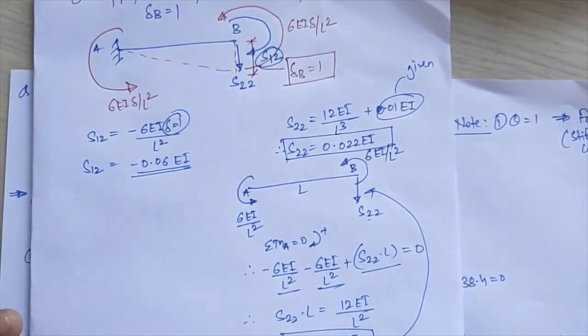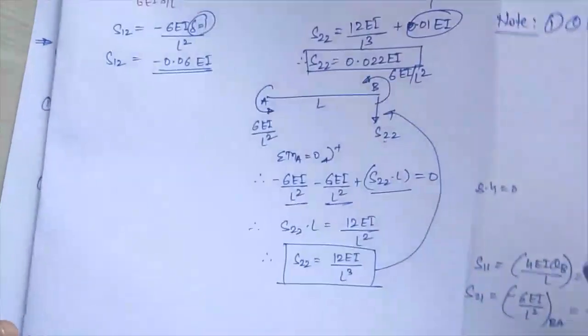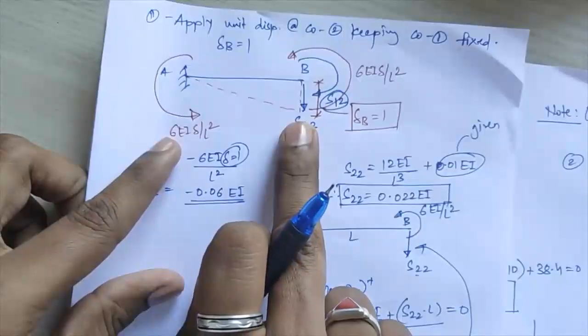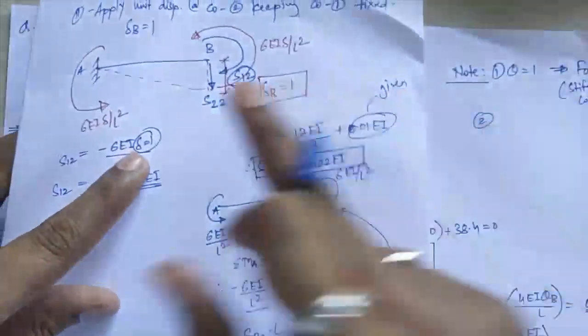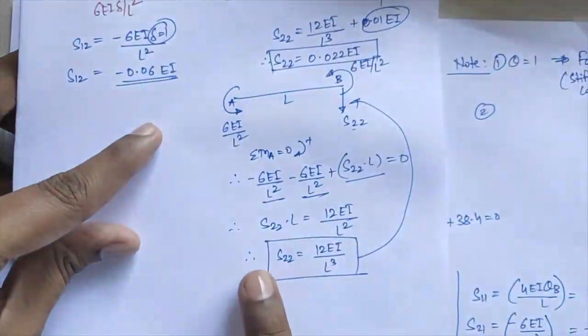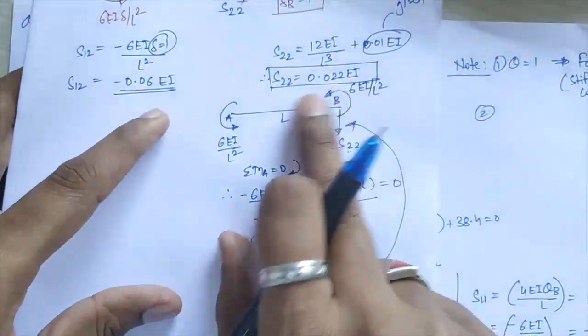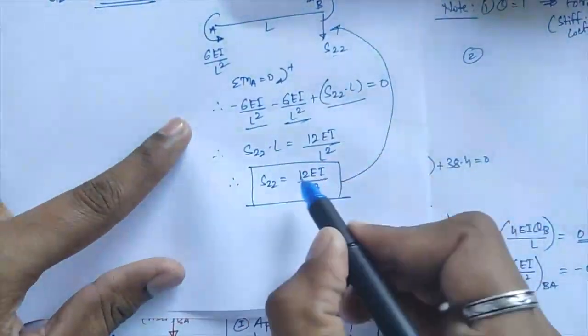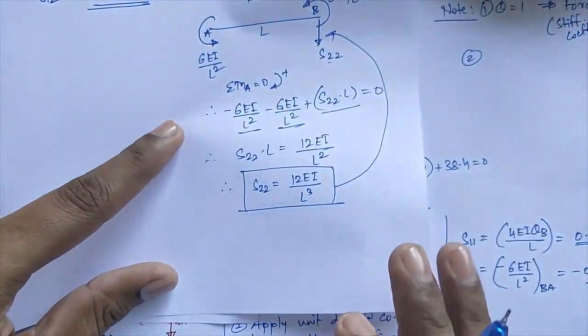Now here we form a note number 2. That is, note number 2 is what? If you are applying delta equal to 1, and you are calculating the force value from this translational rotational moments, that force value or that stiffness coefficient comes equal to 12 EI upon L cube over there.